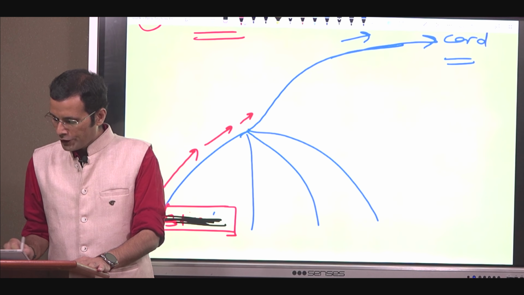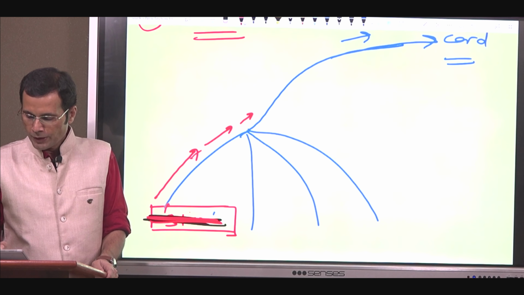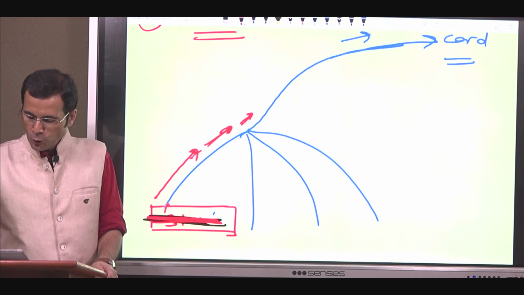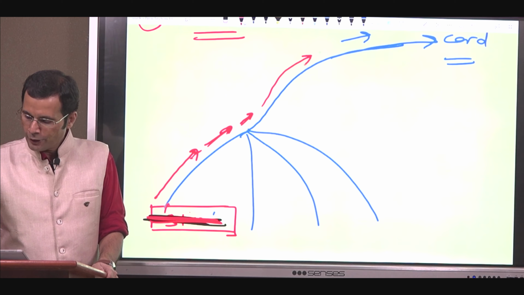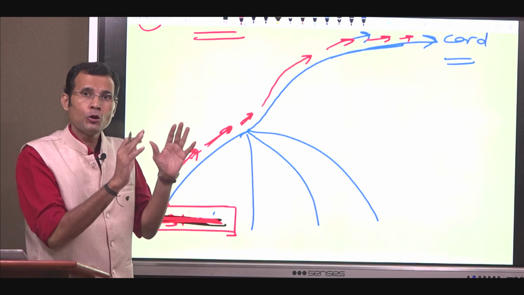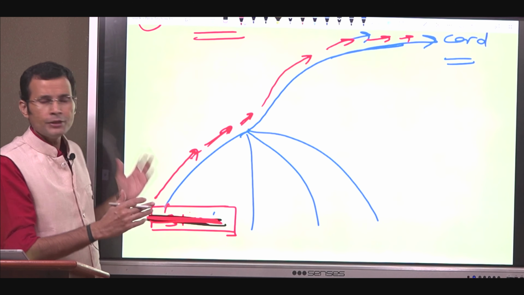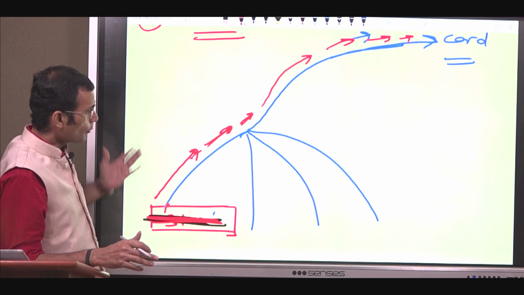Stimulus applied over here, this part of the skin, and now impulses are traveling. They will go all the way to the spinal cord, that's fine, and that would be called orthodromic conduction. Ortho, straight, the way it has to be. In the case of an afferent neuron, from periphery to the center, yes, orthodromic.